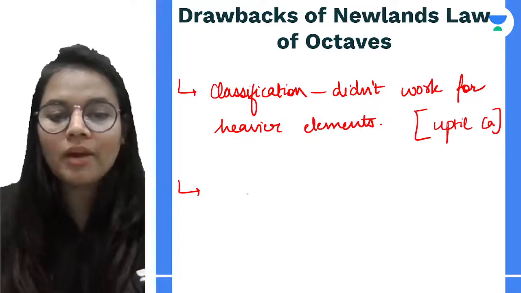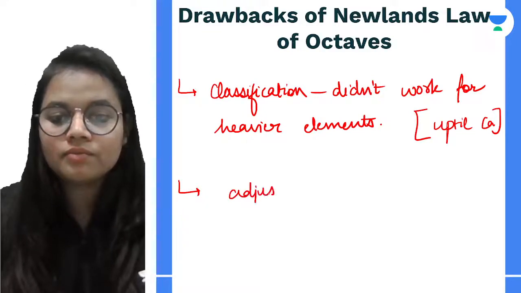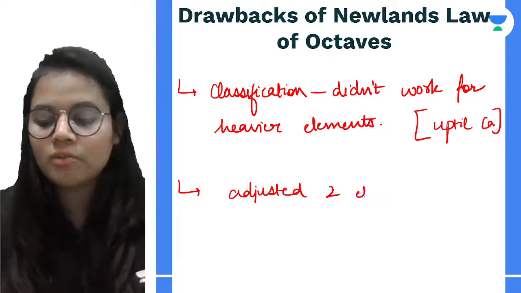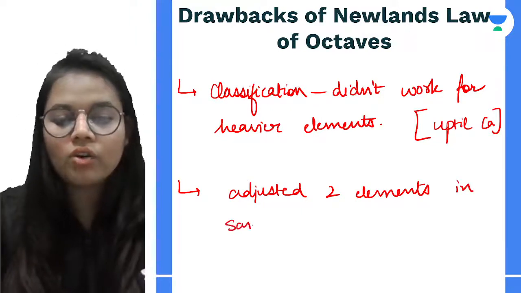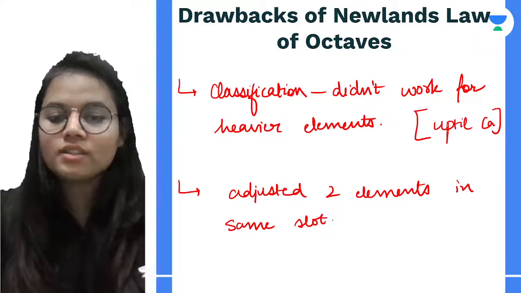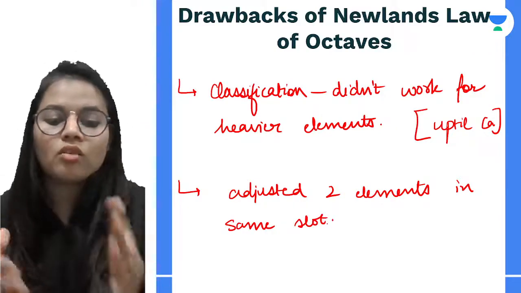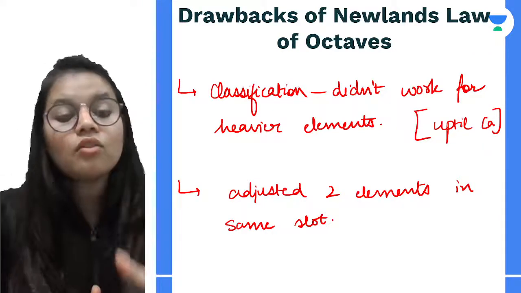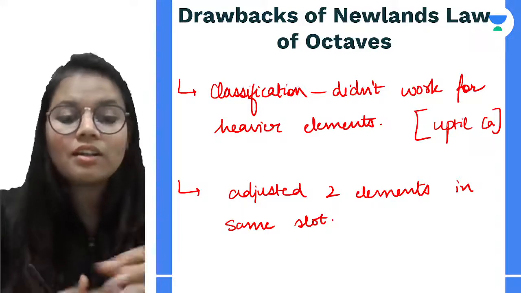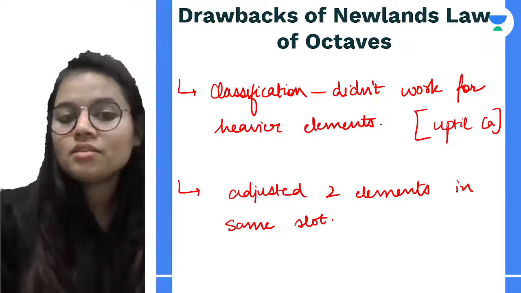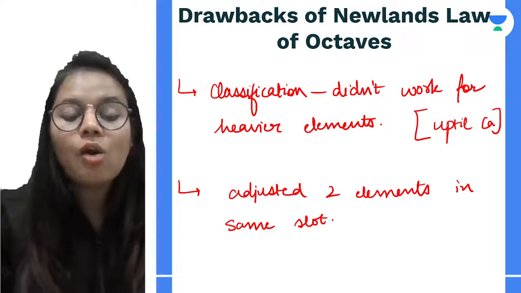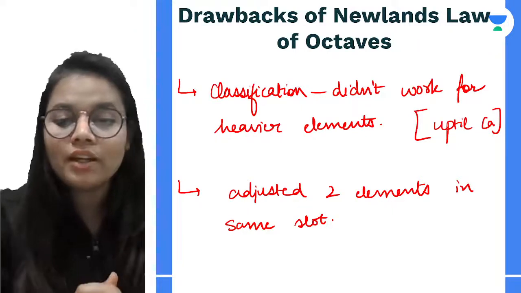The next drawback was that he adjusted two elements in the same slot. If I have to give you an example, if there is a seat for one person, of course only one person can sit there comfortably. That means if there is place for one element, how can we place two elements there?